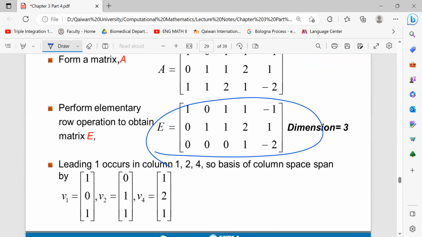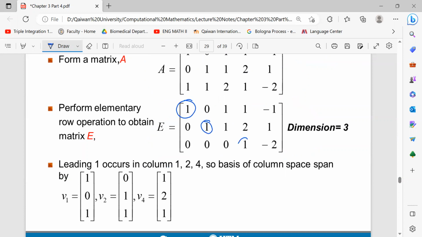Now, what is the basis of the column space? For the basis of the column space, we just select the leading entries. Okay. This is a leading entry, this is a leading entry, and this is a leading entry.